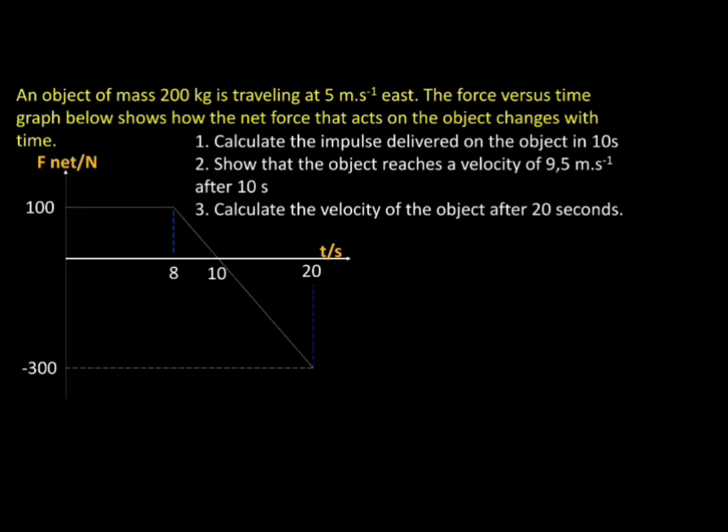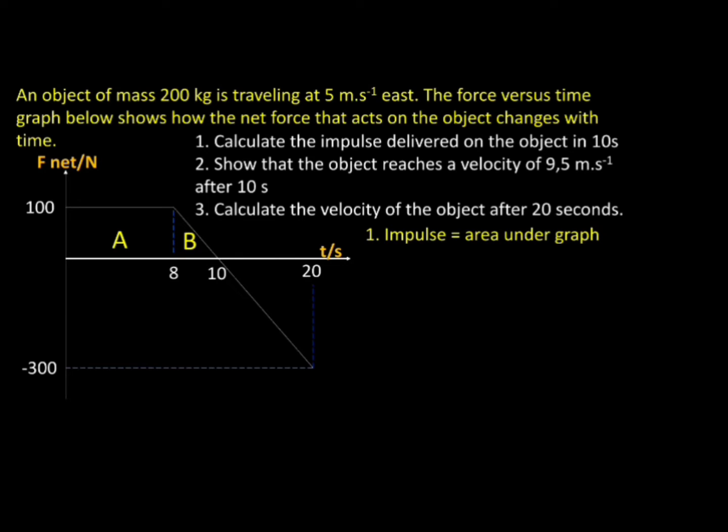So let's go. To calculate the impulse in 10 seconds, this is a force versus time graph. We're going to say impulse is equal to the area under the graph. Now, if you look at the graph for the first 10 seconds, you've got two shapes. The first shape, A, is a rectangle. Second shape, B, is a triangle.